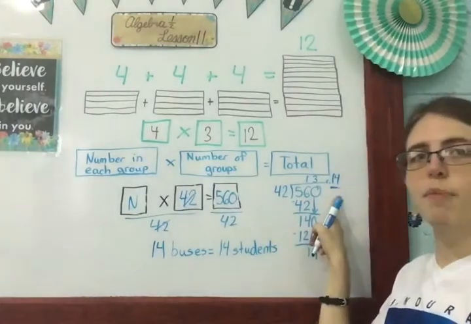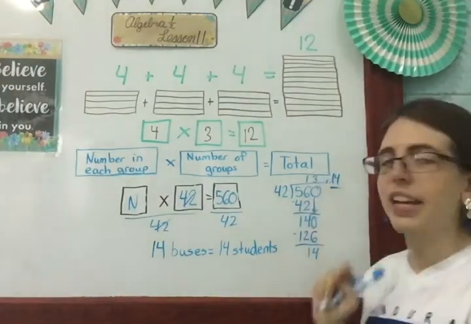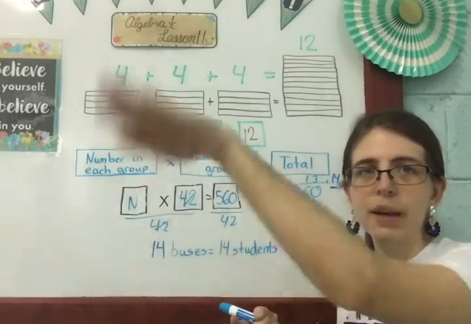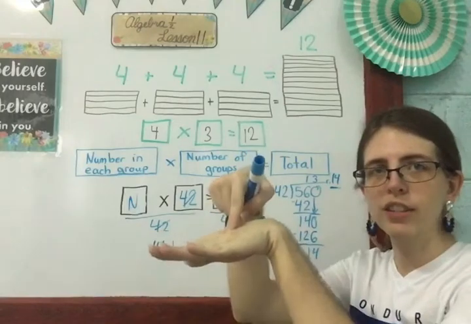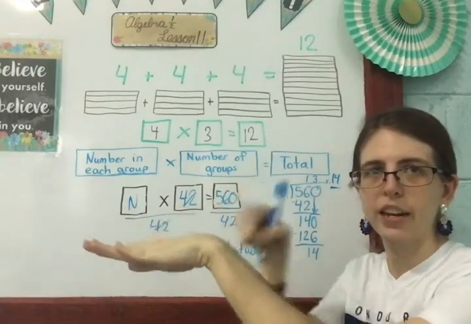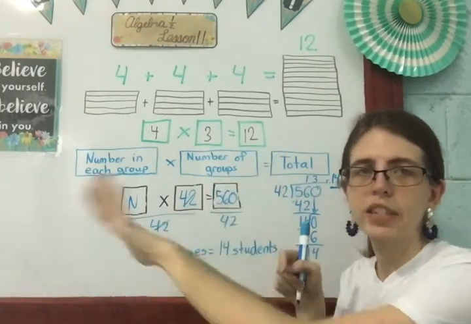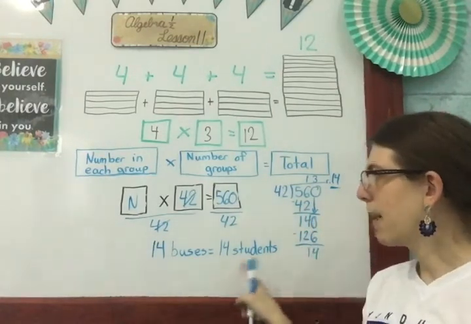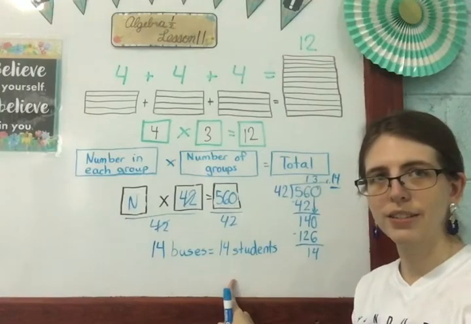Because I took each one of my leftovers and added it to the 13 students that were already on the bus. So this bus had 13, but I took one of my leftovers and added them in. So there's now 14. And I did that to 14 buses until each one of my leftovers was taken care of. So 14 buses have 14 students.